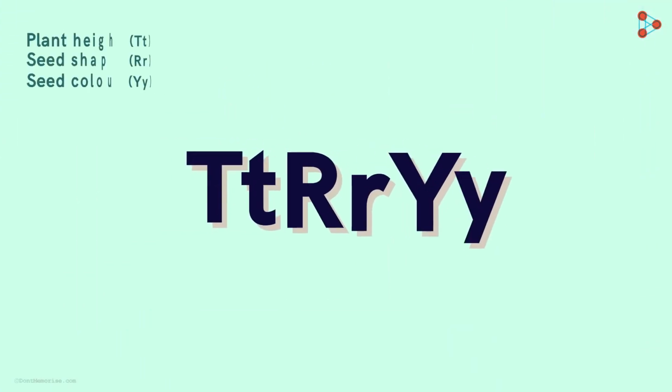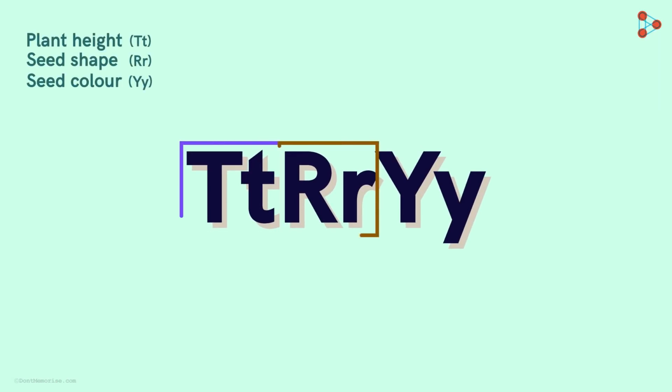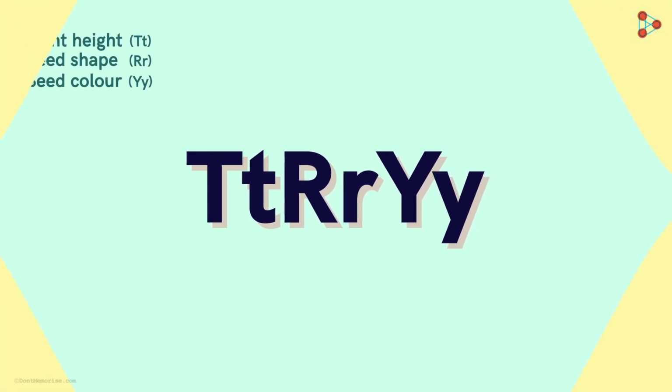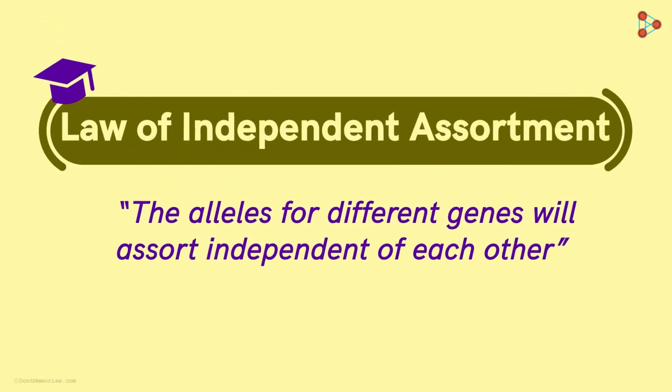Let's solve this together. The genotype of this parent is TtRrYy, all letters written in one uppercase and one lowercase to represent heterozygous genotype. To get the gametes, we take the help of the law of independent assortment. According to the law, the alleles for different genes will assort independent of each other.